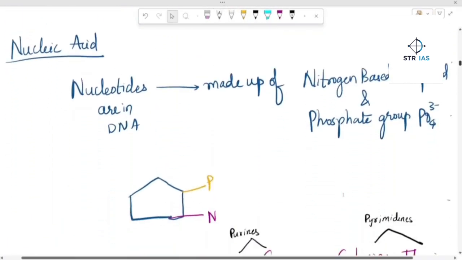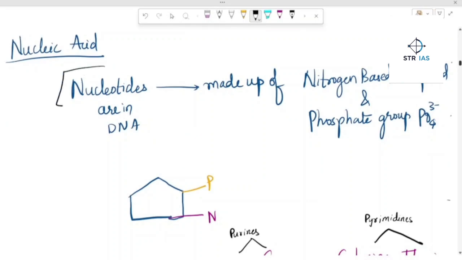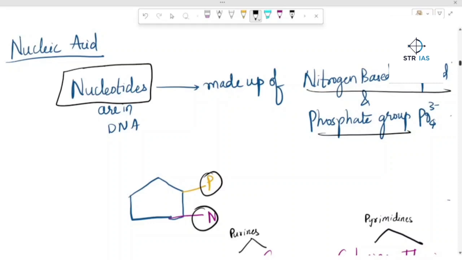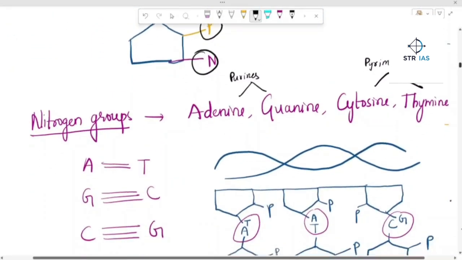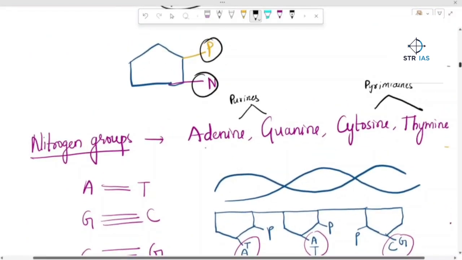When it comes to nucleic acid, it is made up of nucleotides: nitrogen based compounds and phosphate groups. Just remember P and N: phosphates and nitrogen based compounds are called nucleotides, which are there in DNA. These nitrogen based compounds are generally 5.